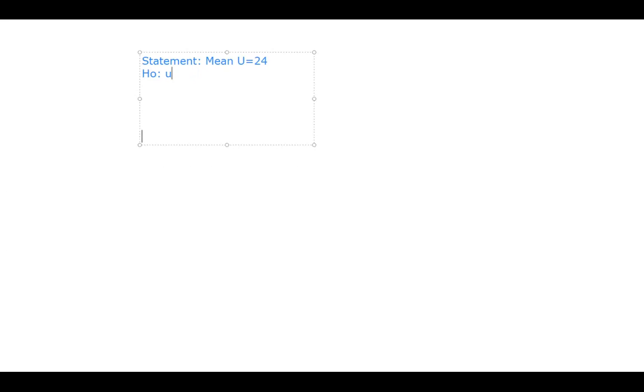You simply understand this is called the null hypothesis. And there is an alternative hypothesis. So we always write two hypotheses whenever we do hypothesis testing: the null hypothesis and the alternative hypothesis.